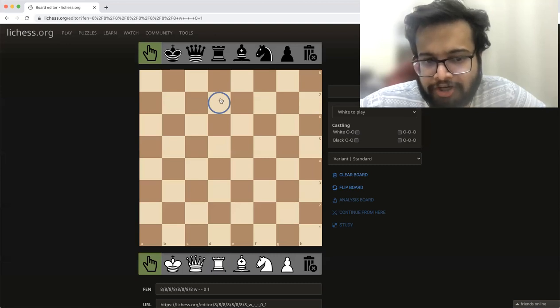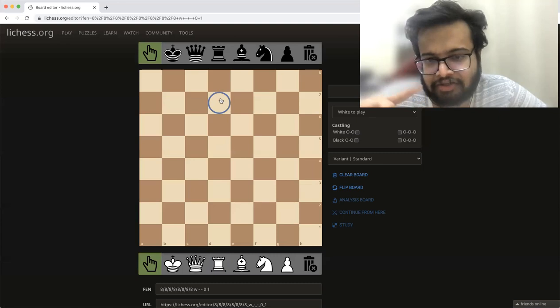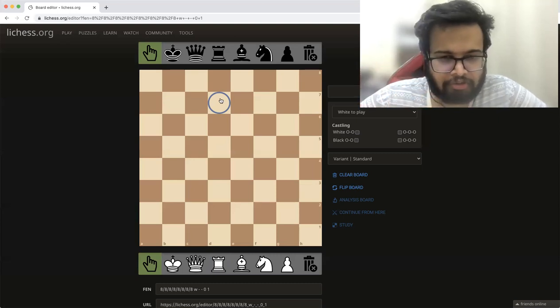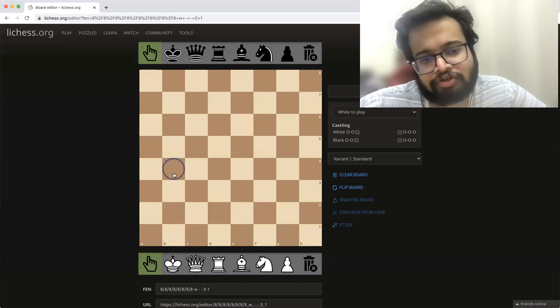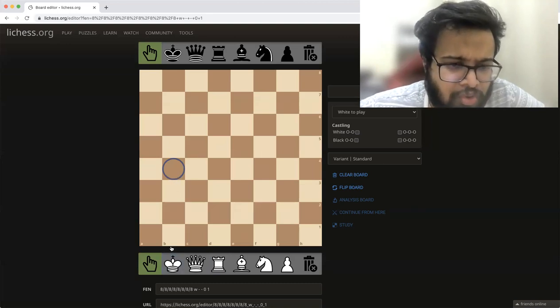So we will call it on D file and seventh rank, and we will give it D7, correct? I know this is very difficult to understand. So let's take another square. So let's talk about this square. If we have to name this square, let us suppose. So what is this vertical line called?